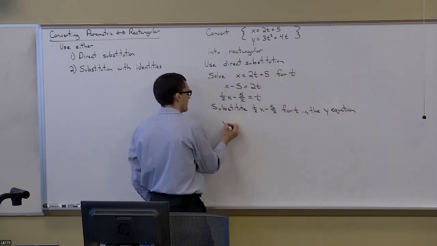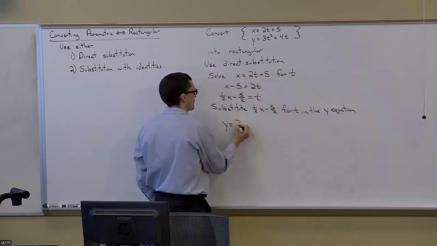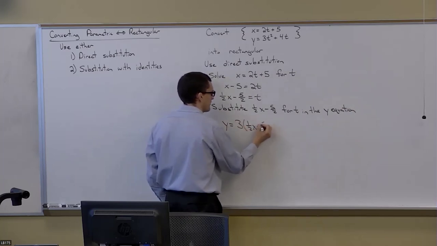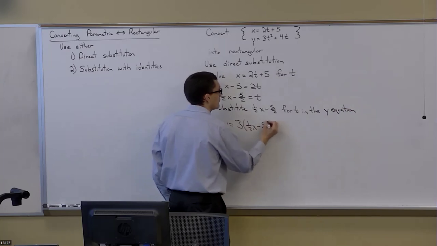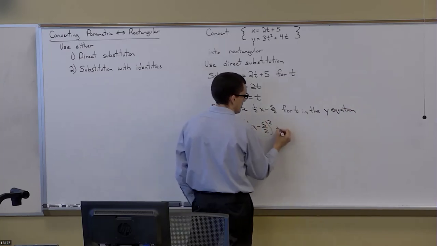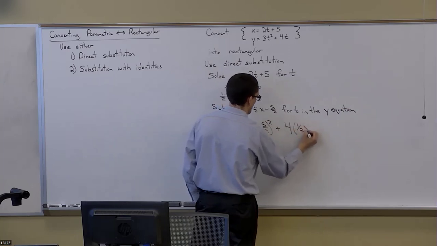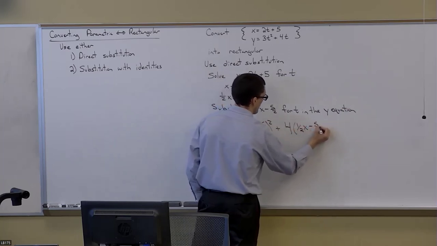And what I'll end up getting is y equals 3 times 1/2 x minus 5/2 squared plus 4 times 1/2 x minus 5/2.